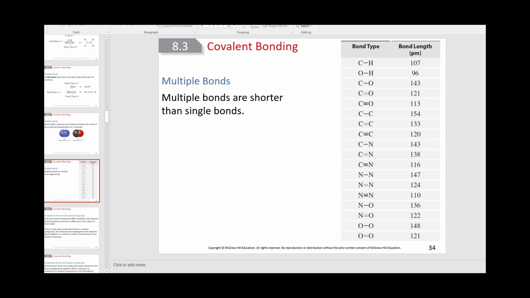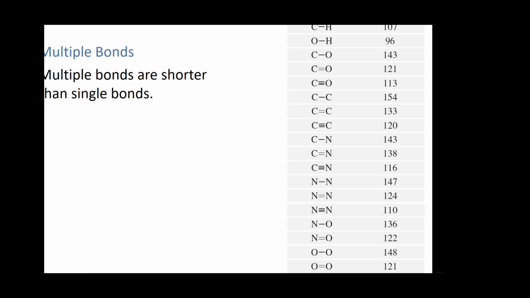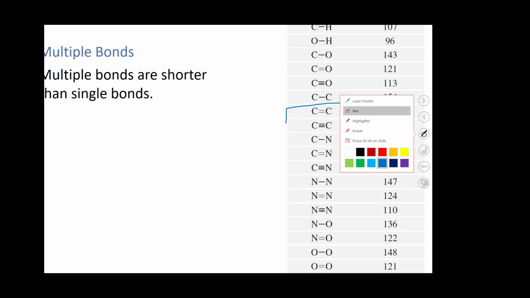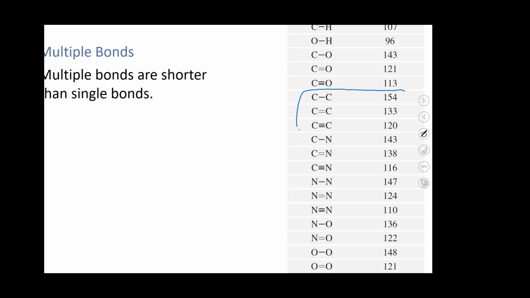Now, the more they share, so if I'm comparing single, double versus triple bond, let's look at that for carbon. So this bond length is in picometers, 10 to the negative 12 meters.